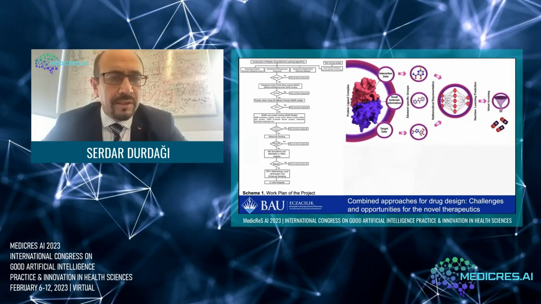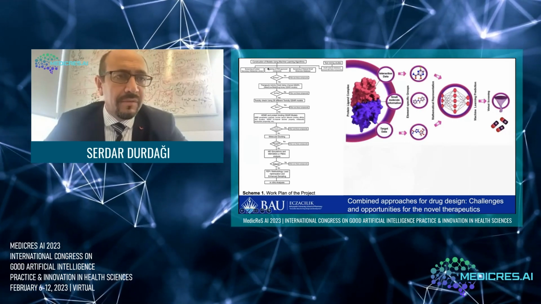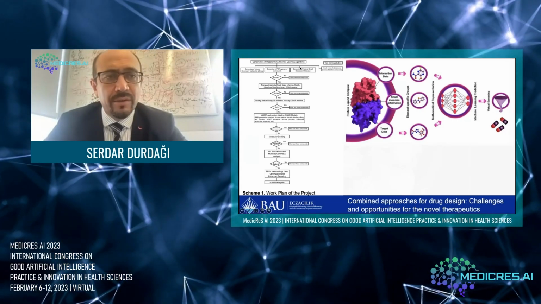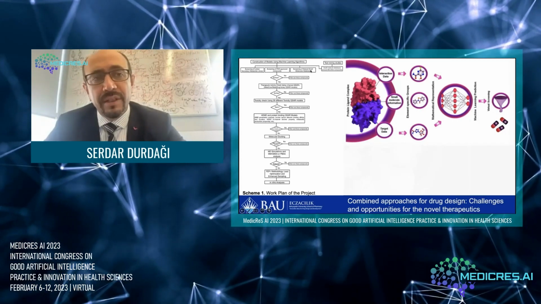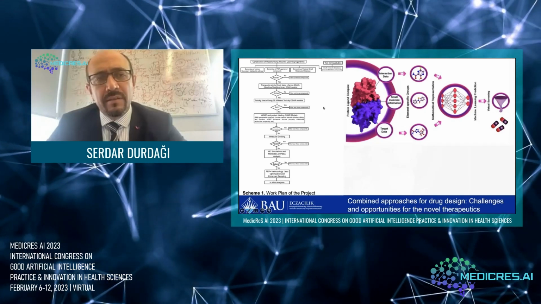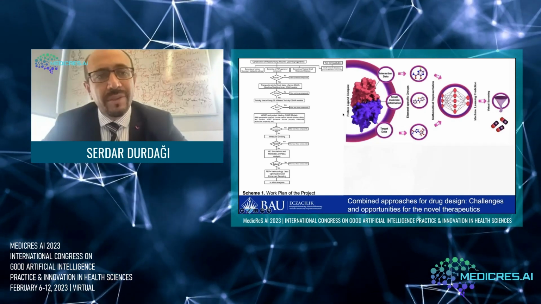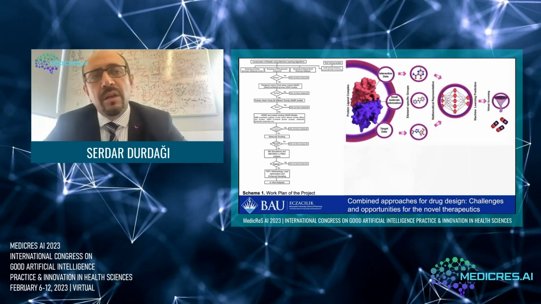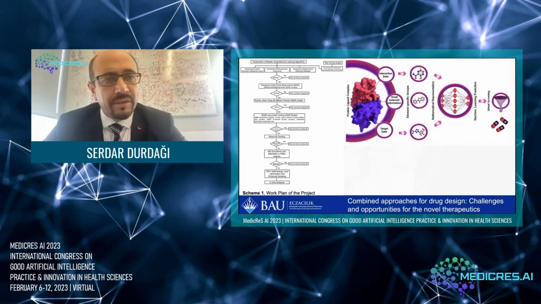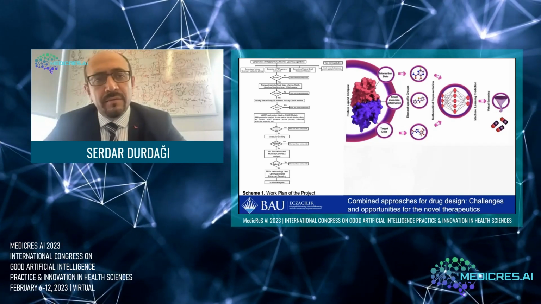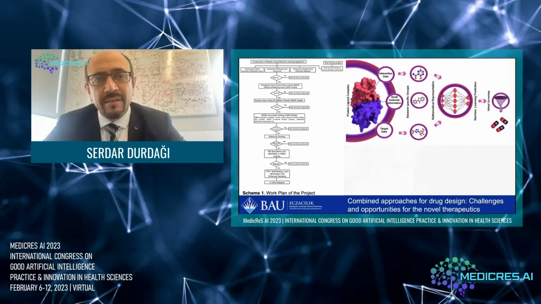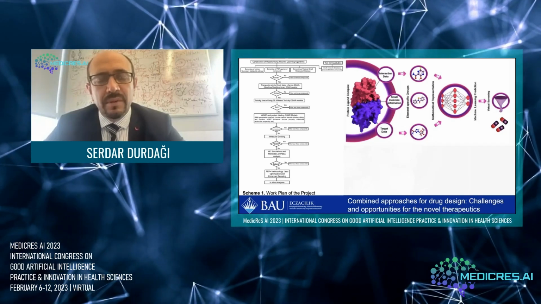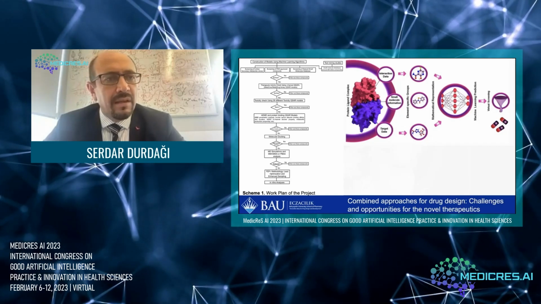First of all, we constructed the machine learning algorithms, and then we screened around 500 million small molecules using these algorithms. And we also used text mining in order to speed up the studies.